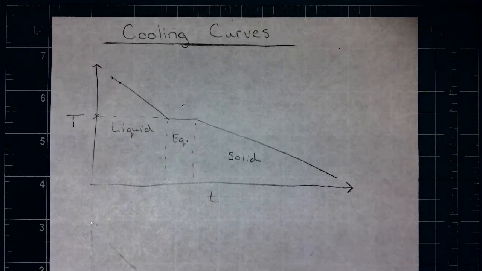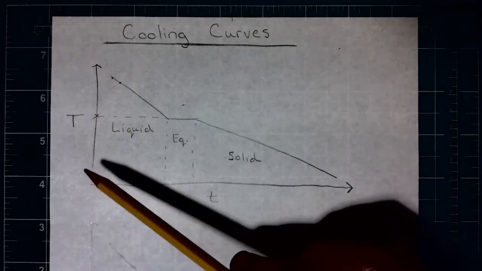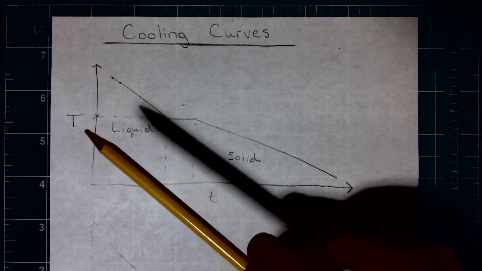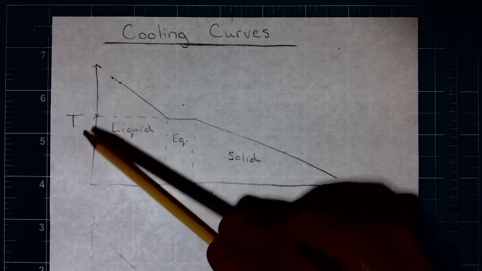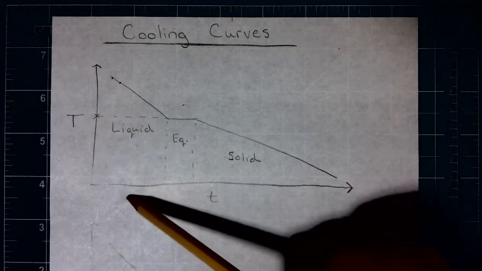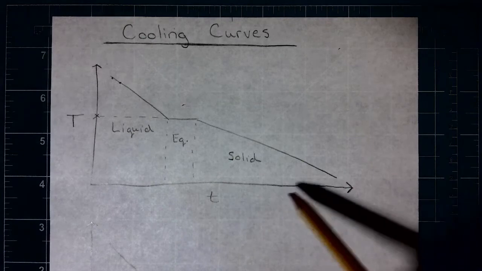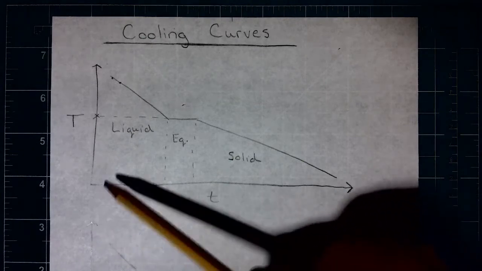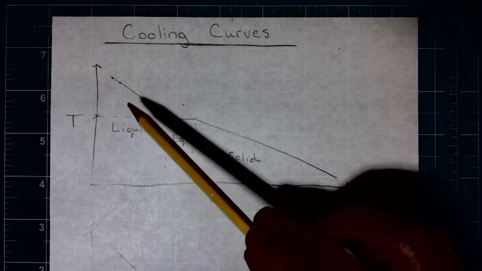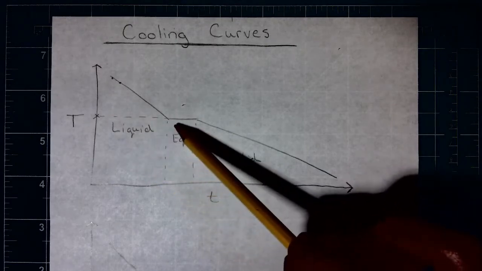We've taken a look at something like this before when we were talking about energy and temperature and phase changes. If I'm measuring the temperature as something is steadily cooling, so the same amount of heat is being removed throughout this time, then I can use time on this axis. I'm first going to have a liquid in this whole region right here.